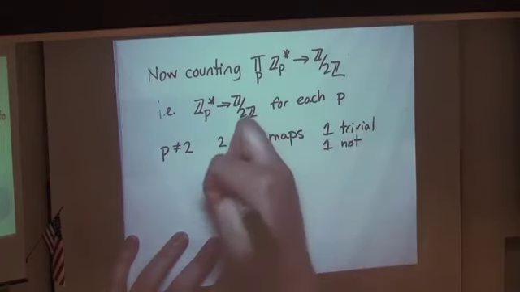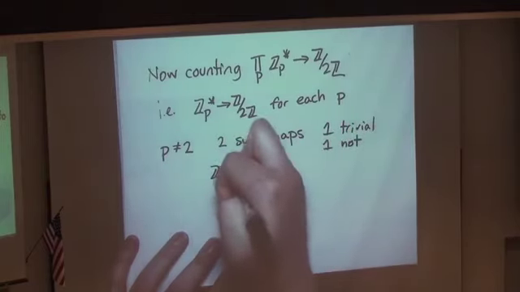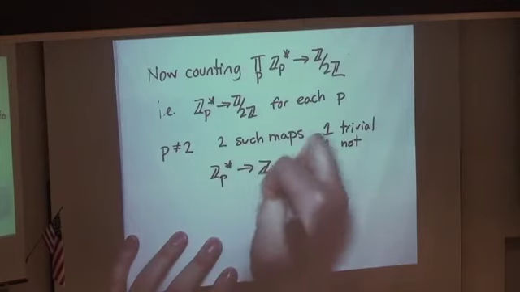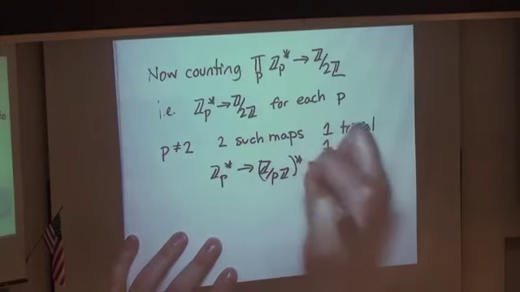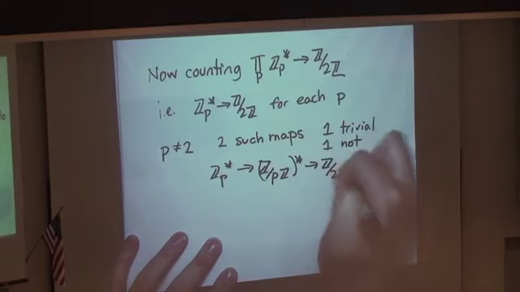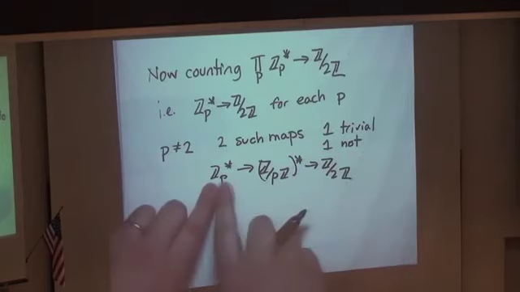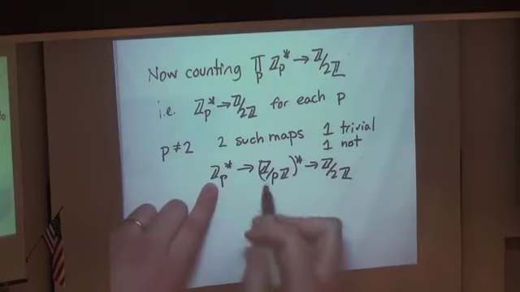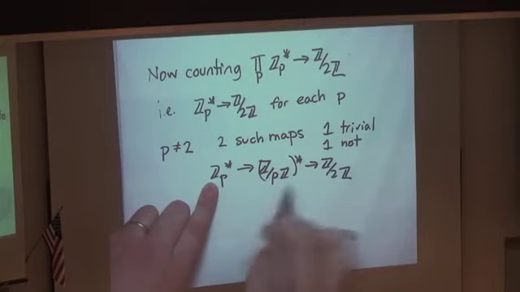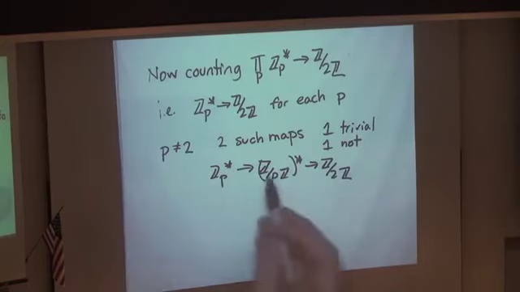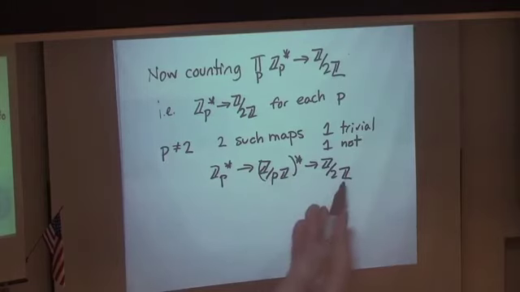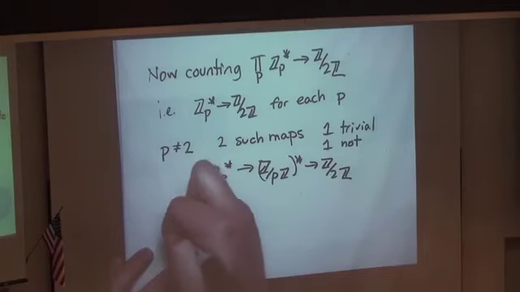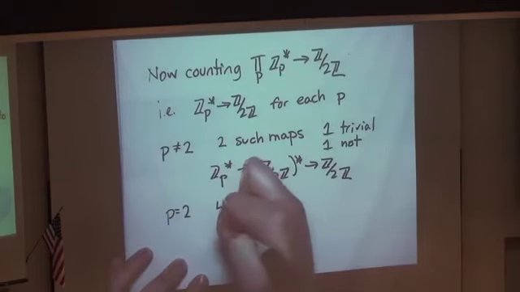They factor through Z mod pZ star. When p is not 2, they have to factor through this because the kernel of the map from ZP star to Z mod pZ star is a pro-p group. So they would have to factor through this. And this, of course, is cyclic, so the generator either goes to 1 or goes to 0. And if p is 2, there's actually 4 maps.